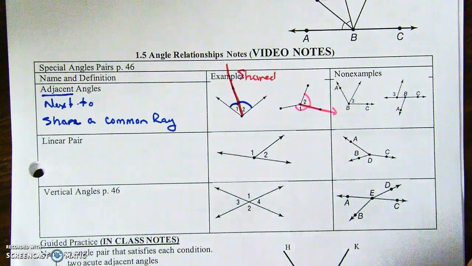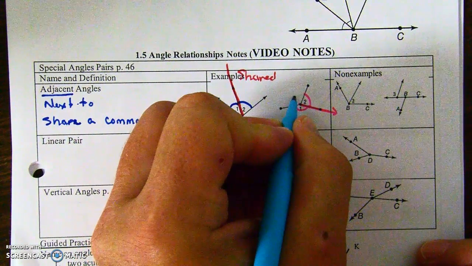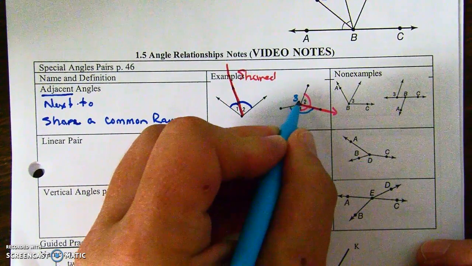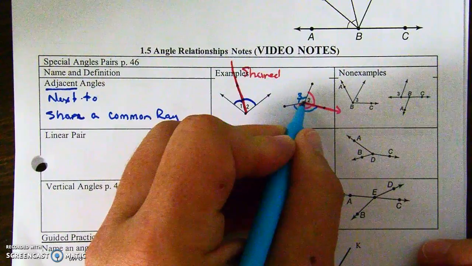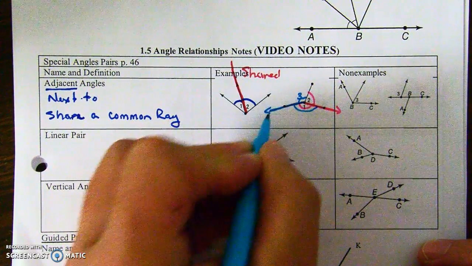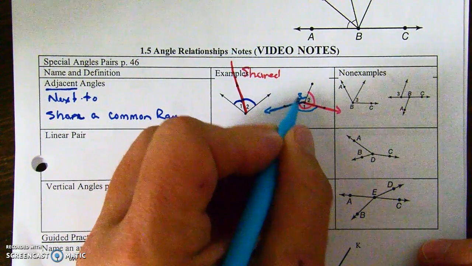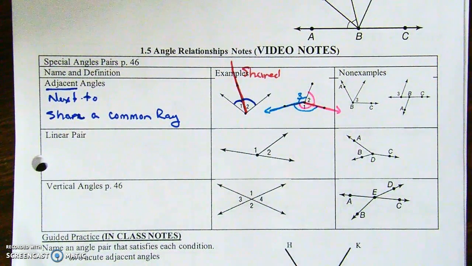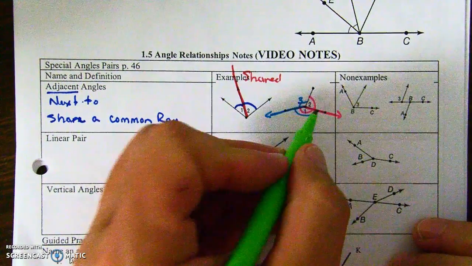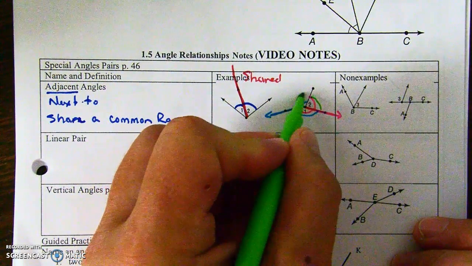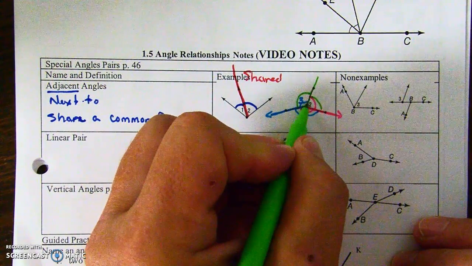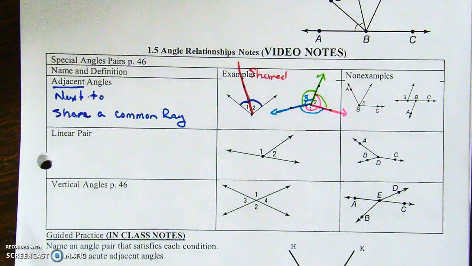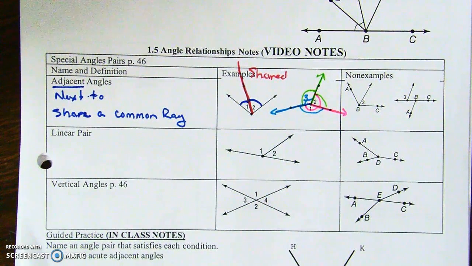Now, if I were to throw in an angle 3 here, angle 1 and angle 3 have a common ray between them. So angle 1 and angle 3 are considered to be adjacent to each other. Just like angle 2 and angle 3, because they share a common ray, therefore these two are next to each other. Okay, so I hope that gives you a general idea on that one.